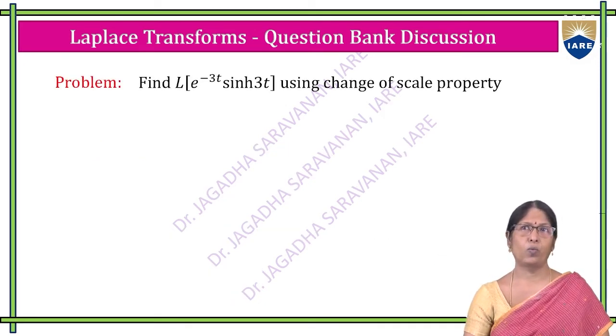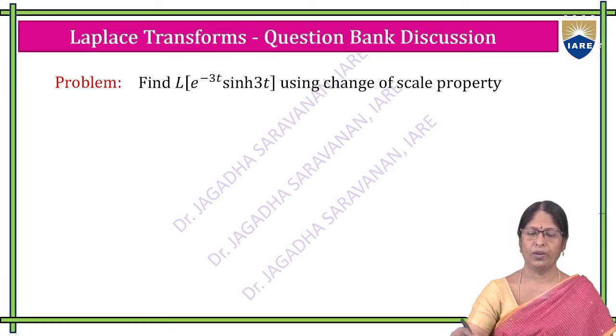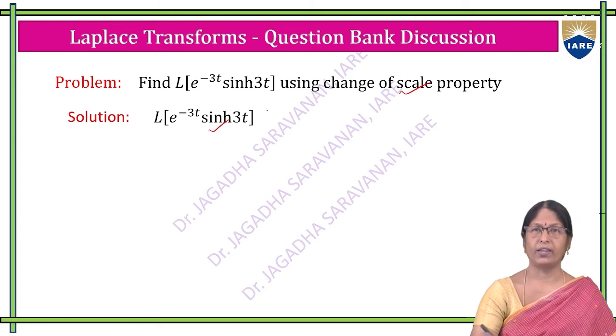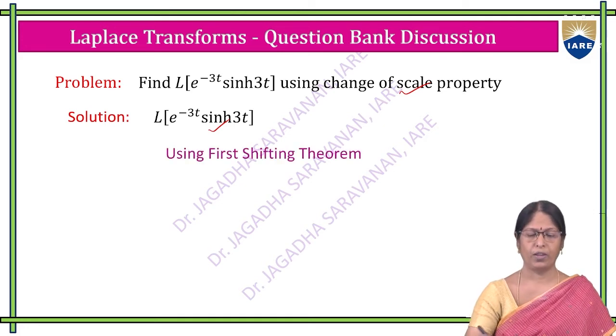So the next question, which is in our question bank: find L of e power minus 3t sinh 3t using change of scale property. Here we are writing the question.